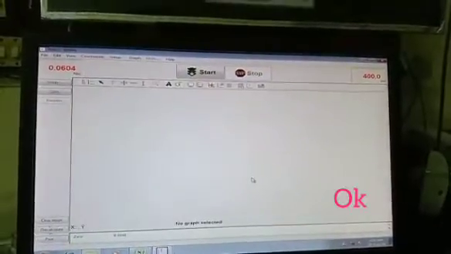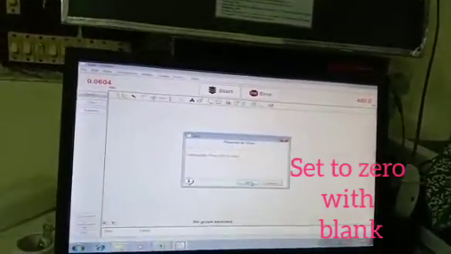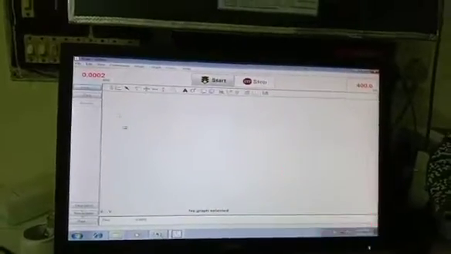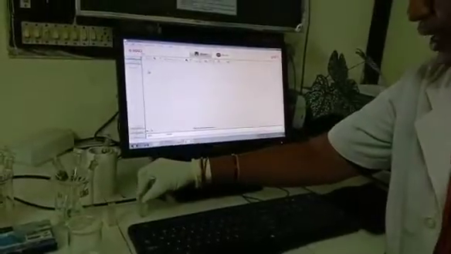Then I am clicking on OK. I have already kept the blank sample, or the reference sample, in the sample holder, so I am setting to 0 with the blank. It is already set to 0 now. I am replacing the blank with my first sample, that is ramipril.